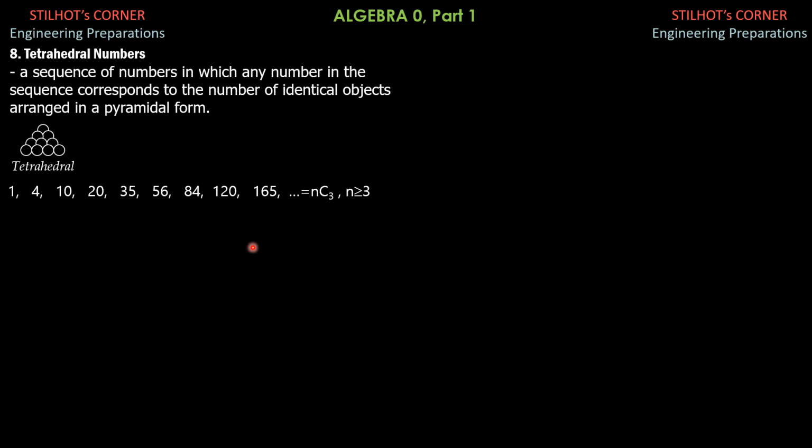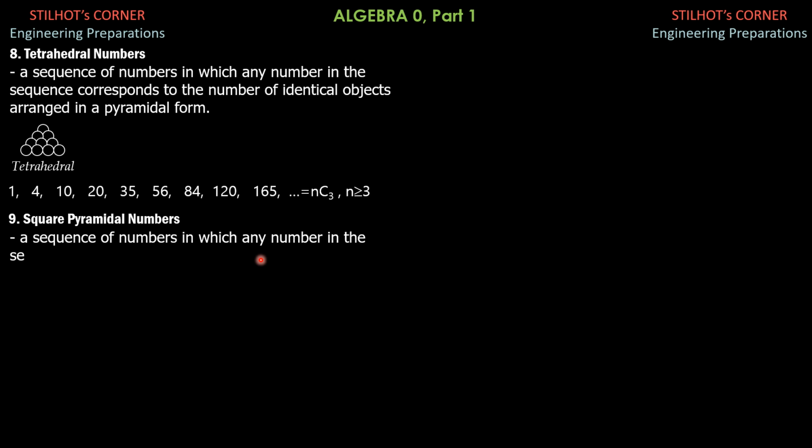Next, we have square pyramidal numbers. So instead of a pyramid which is triangular in its layers, we have a pyramid with a square base. So that's the idea: a sequence of numbers in which any number in the sequence corresponds to the number of identical objects arranged in a pyramidal form with a square base.